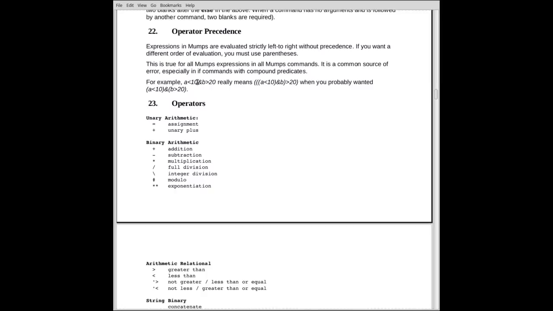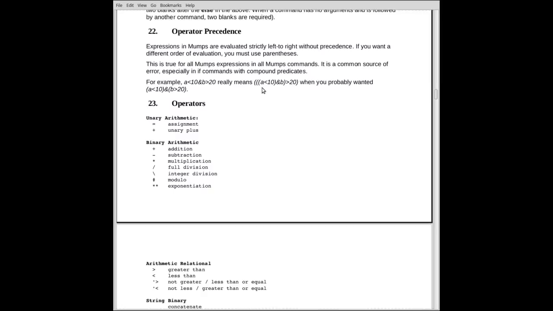And then you will AND the 0 or 1 with B. Whatever this value evaluates to is going to be a 0 or 1. And then you're going to perform the AND operation with whatever's in B. And that's going to give you 0 or 1. And you're going to ask the question, is 0 or 1 greater than 20? The answer is always no. So the evaluation of this expression is always false.